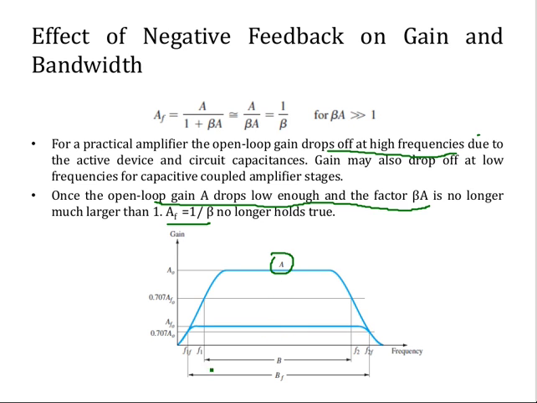When the gain was A, the bandwidth was B. But when the gain has reduced to AF with feedback, the bandwidth has increased to maintain the gain bandwidth product constant. So what is happening with feedback? The gain has reduced, but the bandwidth has improved. So this is the effect of negative feedback on gain and bandwidth.